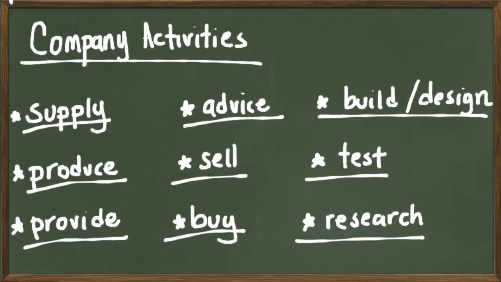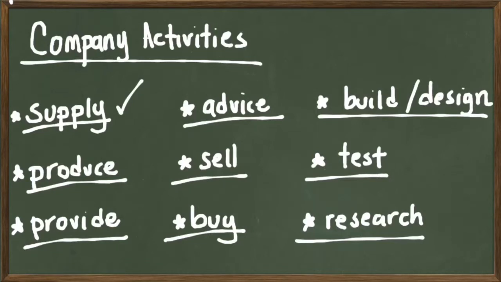Okay, supply refers to selling products for the creation of other products. This can include raw material, certain types of steel, or it can also be complete products like food, paper, office material or office items.